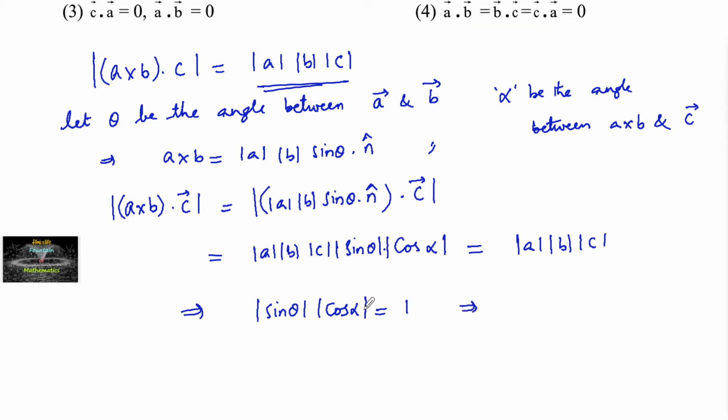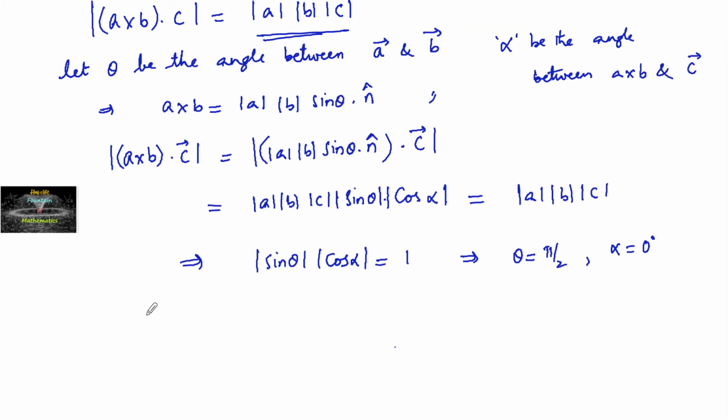So which implies here theta is 90 degrees and alpha is equal to 0 degrees. So from here we can conclude that vector A is perpendicular to vector B, and vector C is parallel to the normal vector n cap.